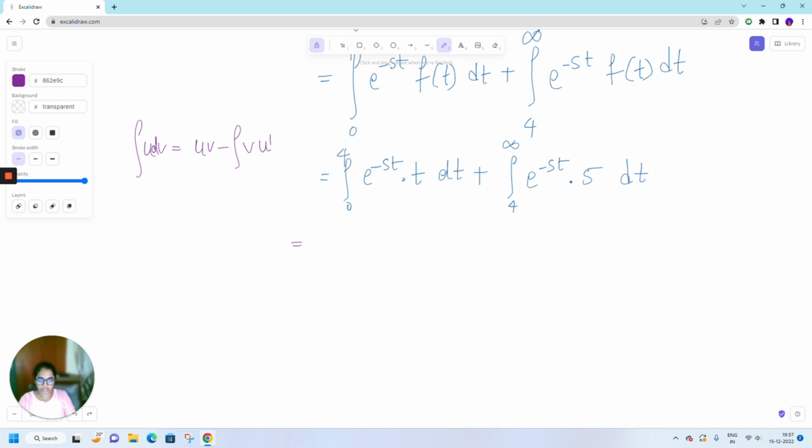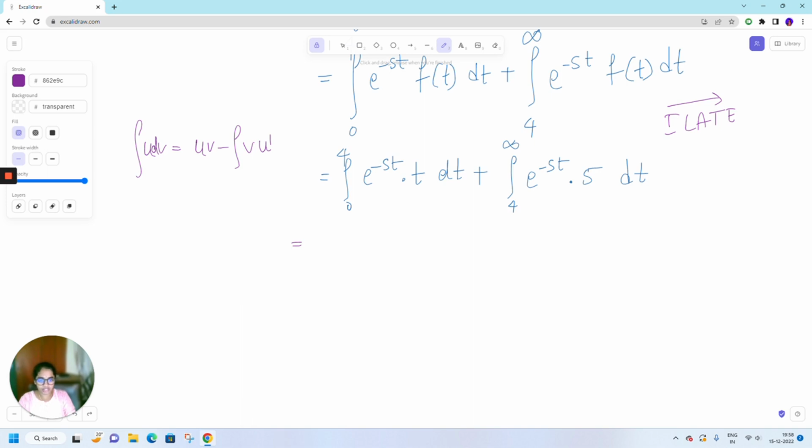So how do you choose u and v? I hope you remember ILATE. This is the order in which you choose u and v, where I is inverse trigonometric, L means logarithmic, A means algebraic, T is trigonometric and E is exponential.